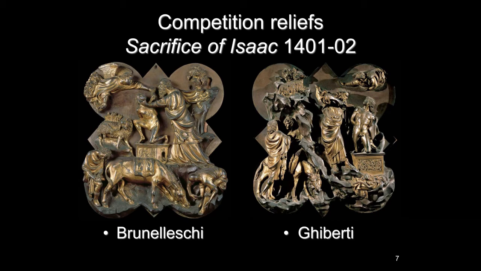Now, God has told Abraham that he will be the father of a great nation, and his wife is too old to have other children. In fact, it was a miracle that she had Isaac, because she was supposed to be 80 years old. So if he sacrifices his son, how can that prophecy be fulfilled?